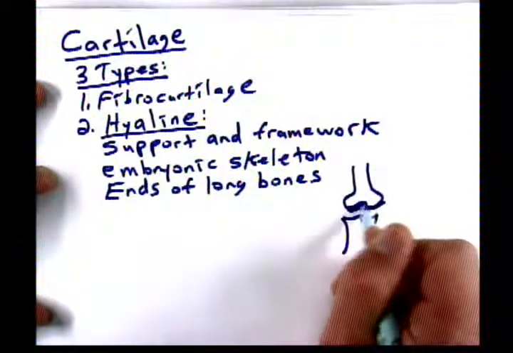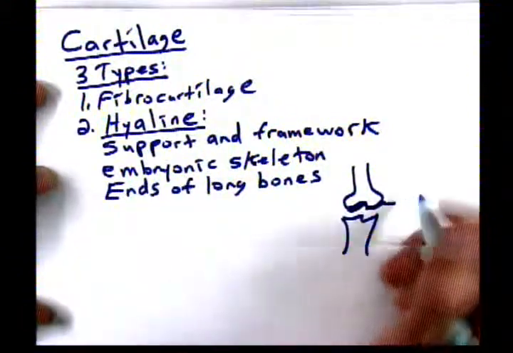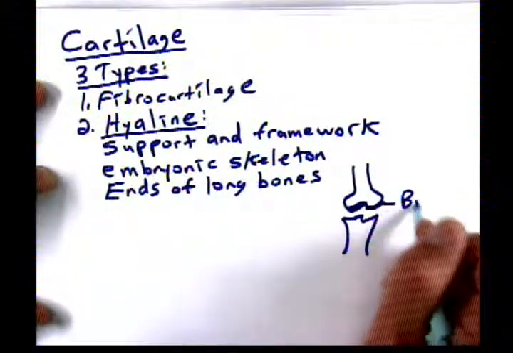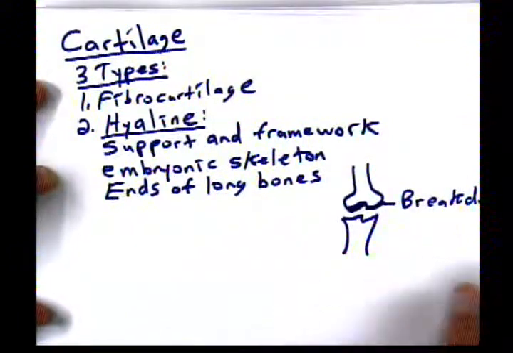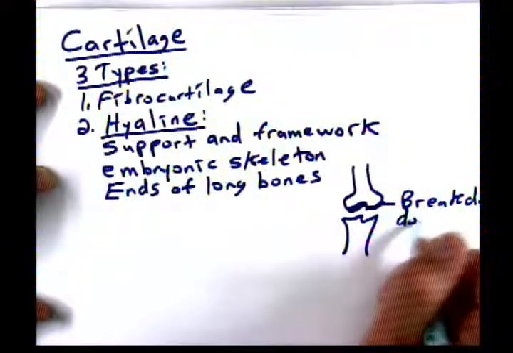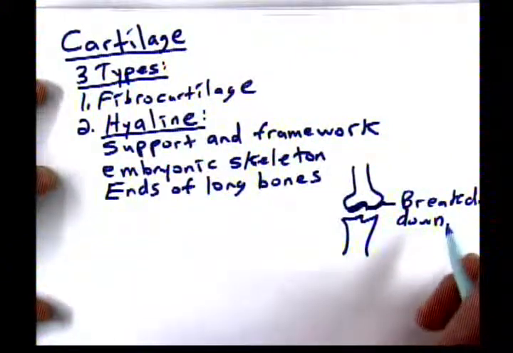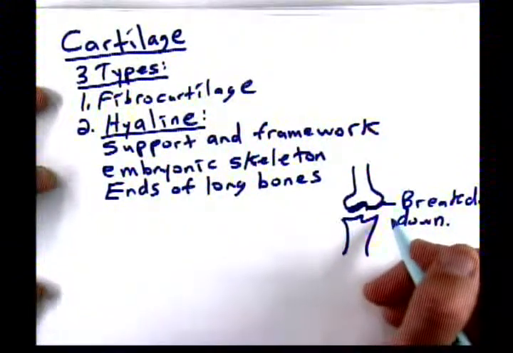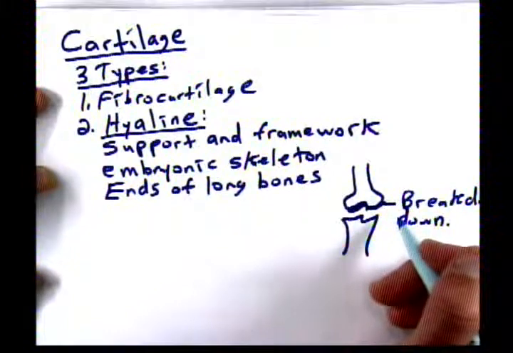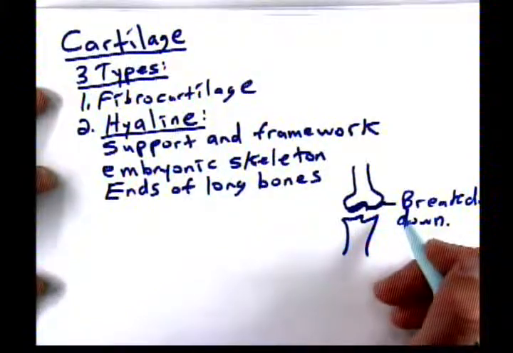Over time, this cartilage will break down, and that will often cause some osteoarthritis where you get bone on bone and that's abrasive. But that's the cartilage there. And again, that tends to wear out as we age to some degree.